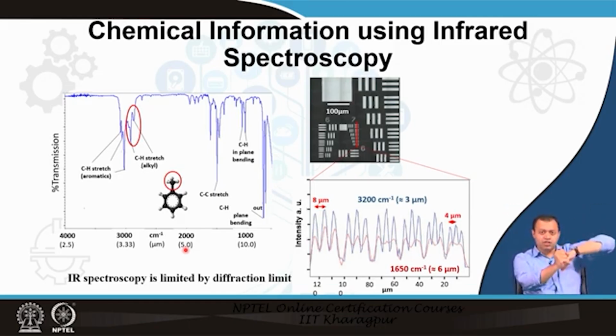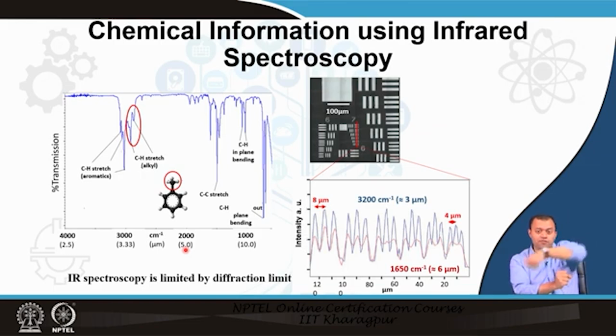So, this is 200 nanometer, you are sending light of 5 micrometer: 200 into 10 to the power minus 9 versus 5 into 10 to the power minus 6.